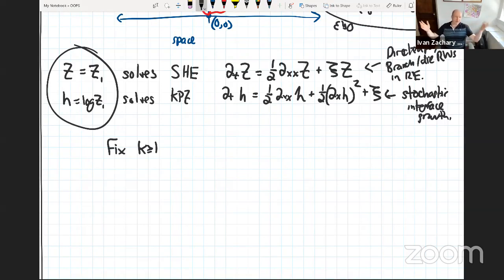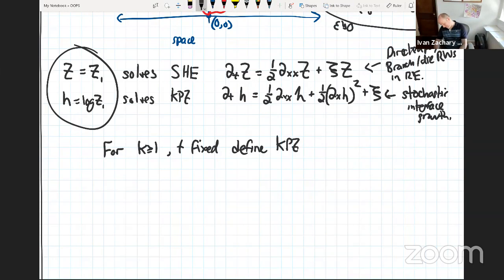The KPZ equation doesn't look like it has anything related to Gibbs properties a priori, but it turns out it does. So let me define the KPZ line ensemble. For k bigger than or equal to 1 and t fixed, so I'll think of t as some fixed number, let's define the KPZ line ensemble. In fact, for each t, there's a different line ensemble.